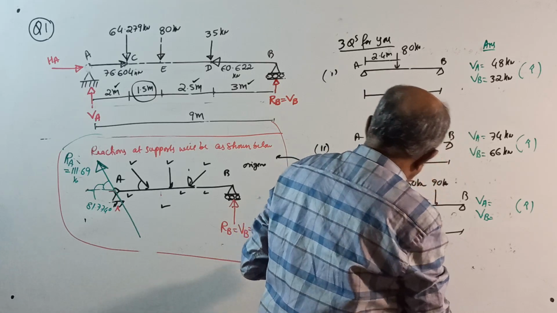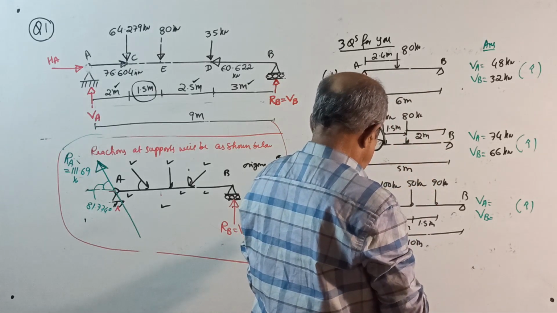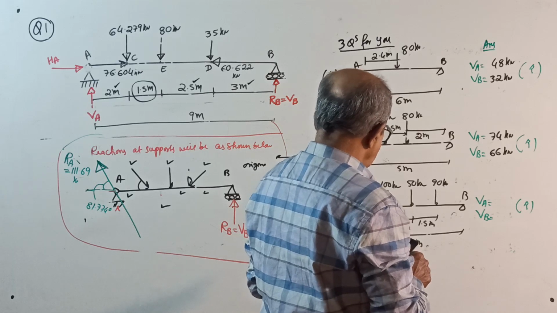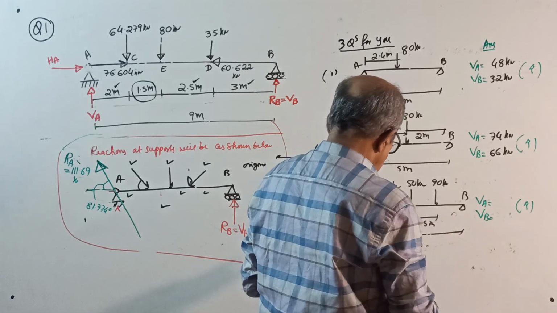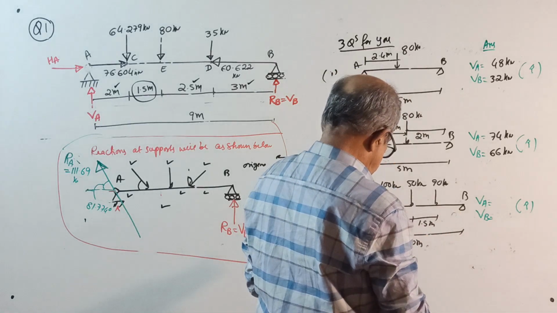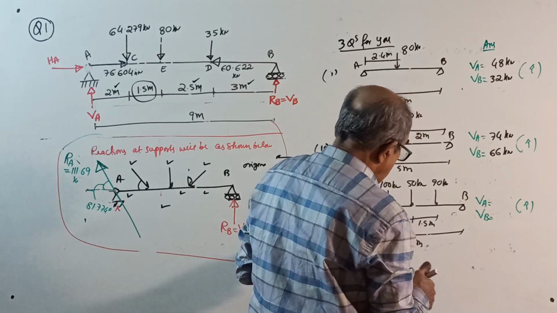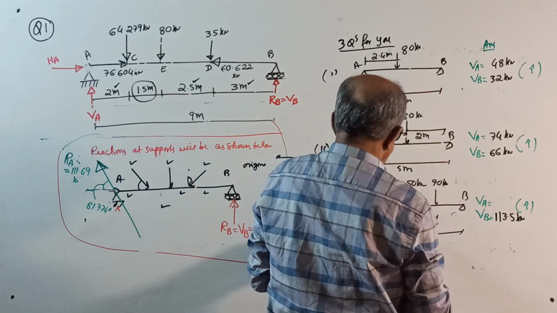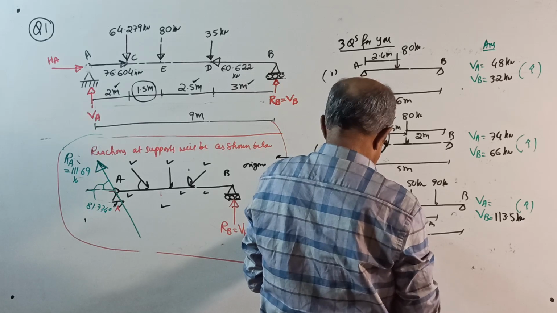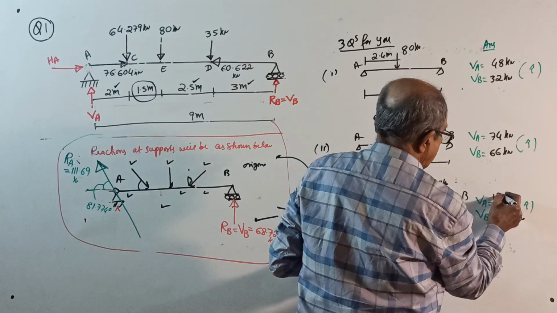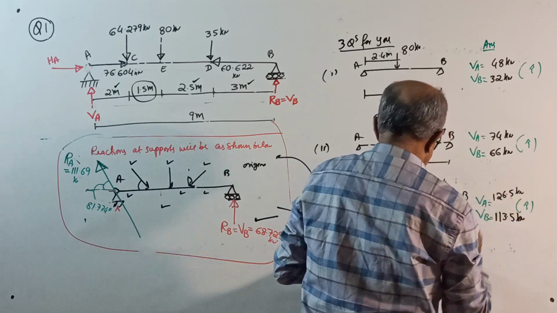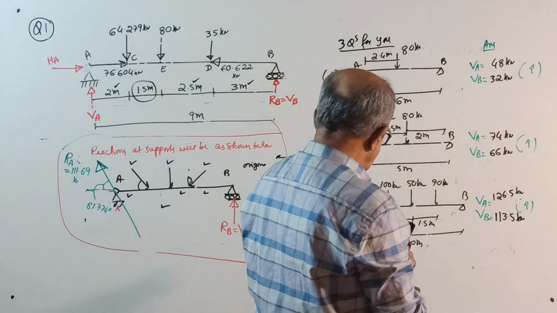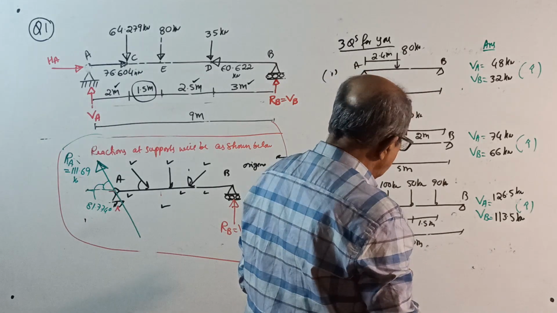Correct. Here, 7 into 5 plus 3 into 6. And 13.5 kilonewton, 126.5 kilonewton. I'll check the answer once again: 90 into 3.5 plus 50 into 5 plus into 7. 126.5. Correct.